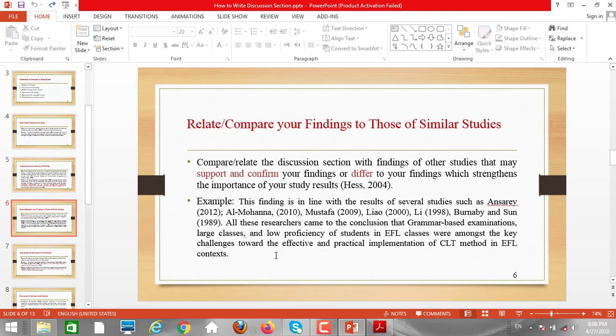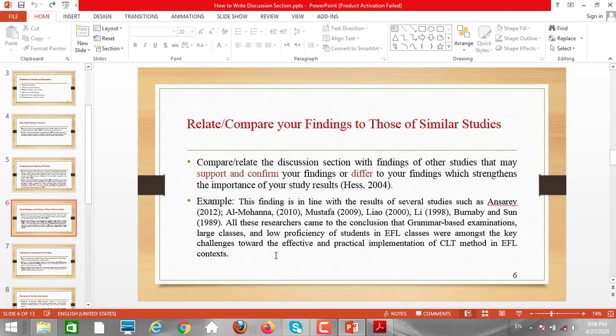Okay, now moving on to the third element, which is relate or compare your findings to those of similar studies. After you are done with the summarization of your major findings and interpretations of them, the third step is to compare your findings with previously conducted researches or findings.